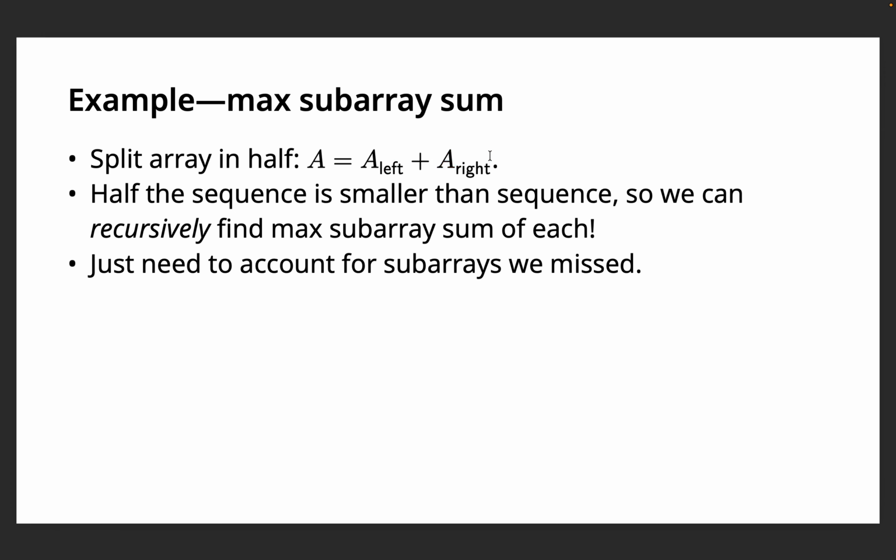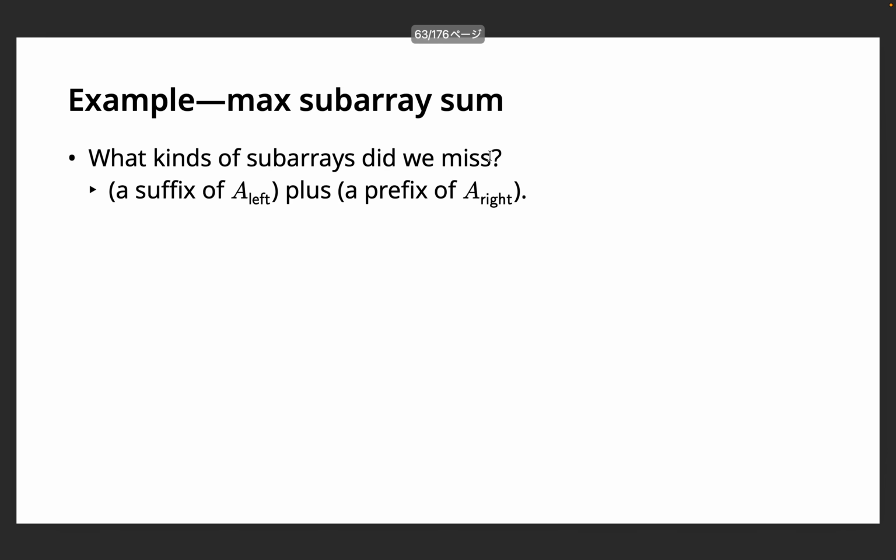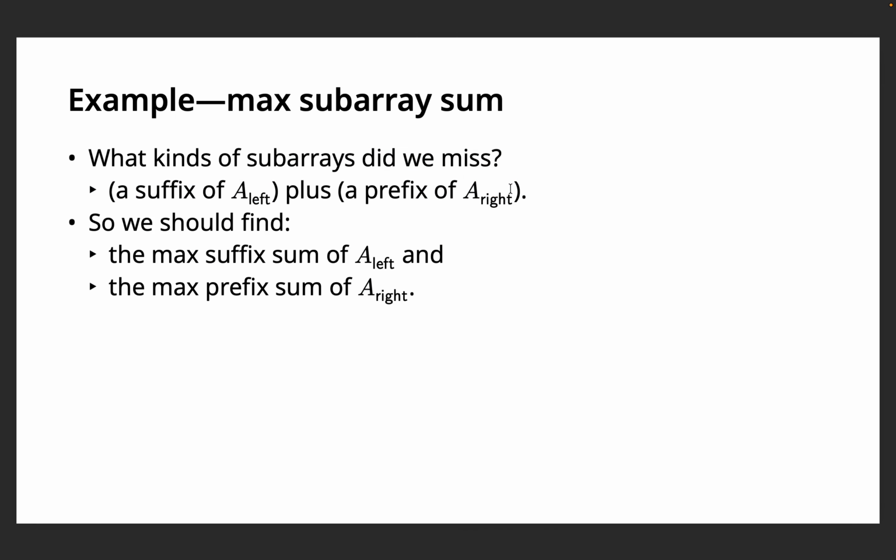So what's left is the ones that are a mix of the left and the right. More specifically, it's a suffix of the left plus a prefix of the right half. So what you actually want here is the max suffix sum, or the suffix with the maximum sum of the left half, and for the right half you want the prefix with the maximum sum.